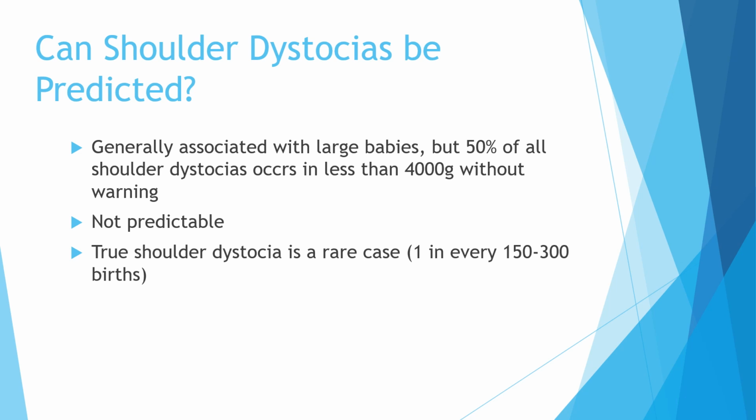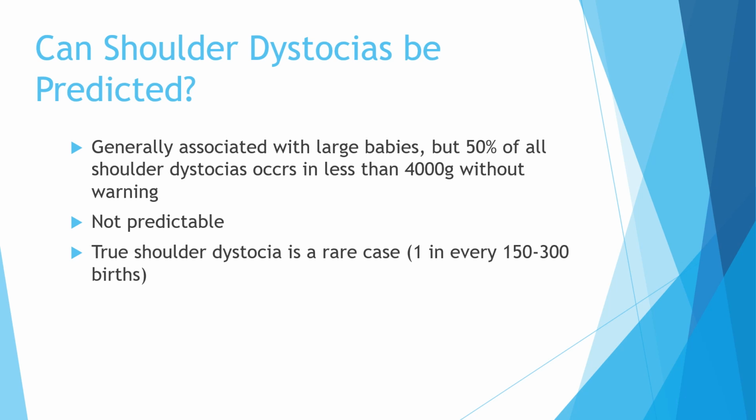Can a shoulder dystocia be prevented? I would say most of the time it can. We can reduce the risk, but it's never going to be 100%. By delivering a woman in positions that optimize the size of the pelvis, so hands and knees and squatting is going to reduce the risk versus delivering on her back. Having a naturally laboring woman with no epidural or pain medication that's limiting her positions will also decrease the chances of a shoulder dystocia.